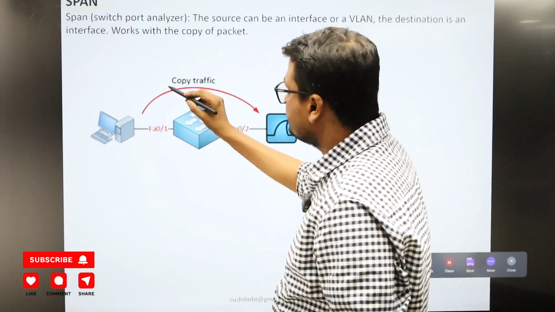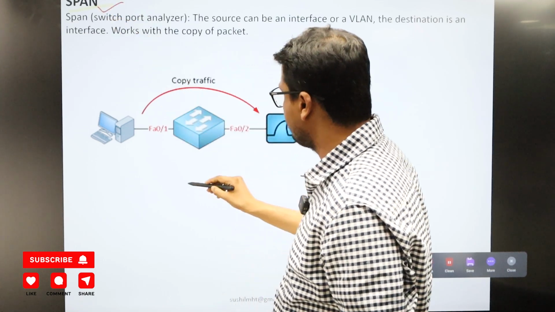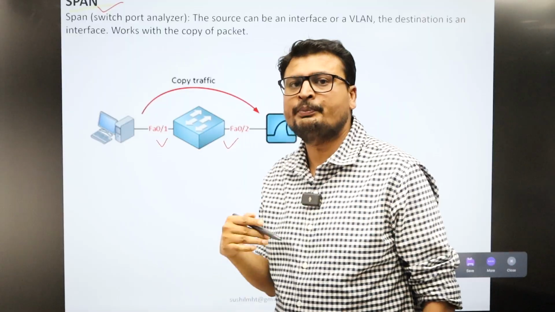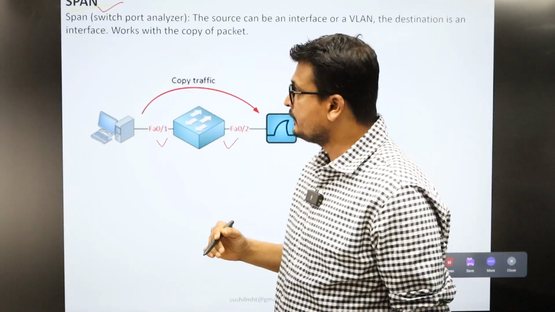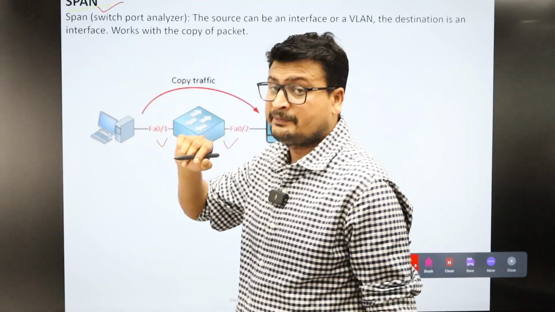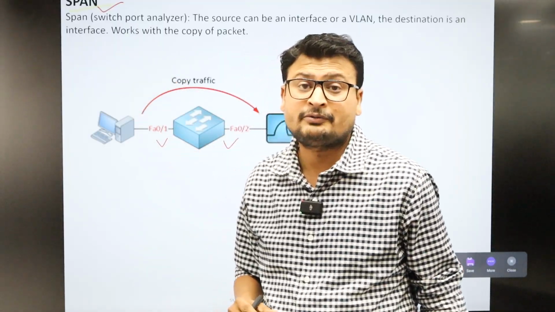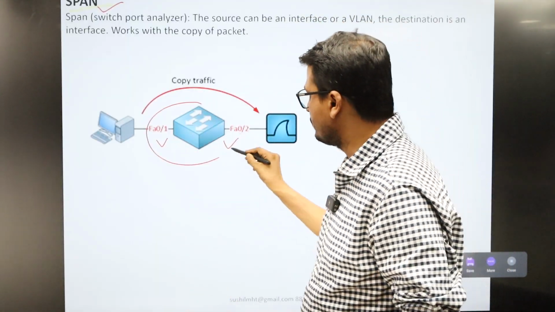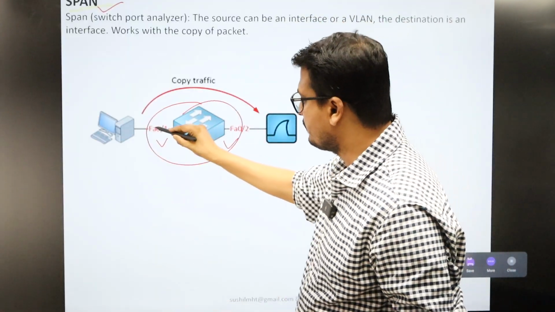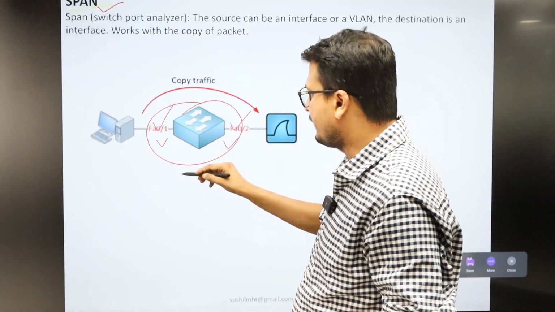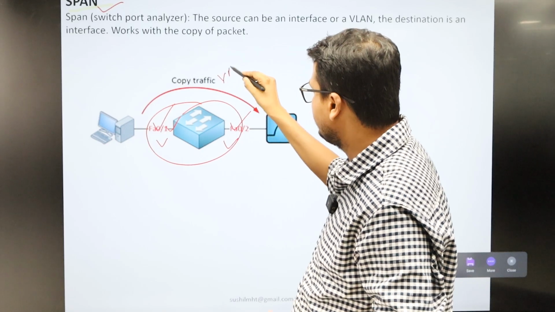Remember, in a single switch, from one interface to another interface, if I have to copy a packet, then we use a technology called SPAN. Okay, if you guys are not aware of what SPAN is, you should learn. SPAN is one of the technologies that can be used within a switch to capture a packet, where I can make one interface a source and another a destination, or I can make the source a VLAN.